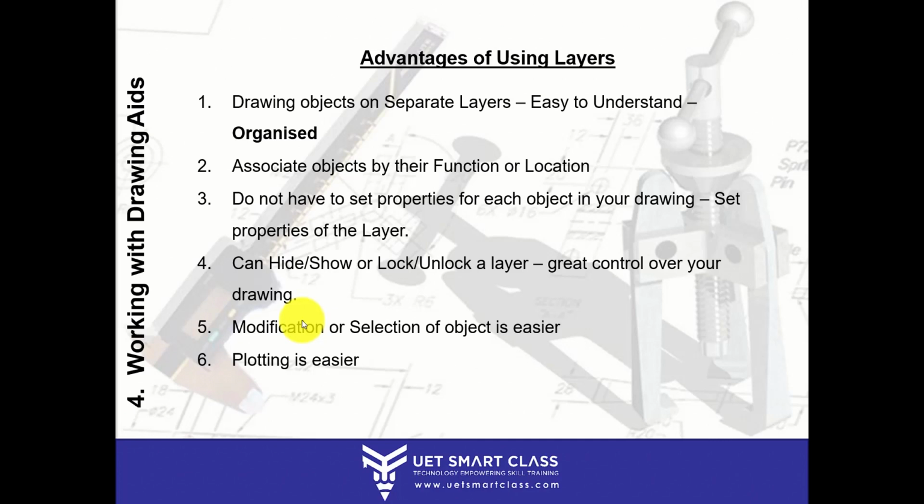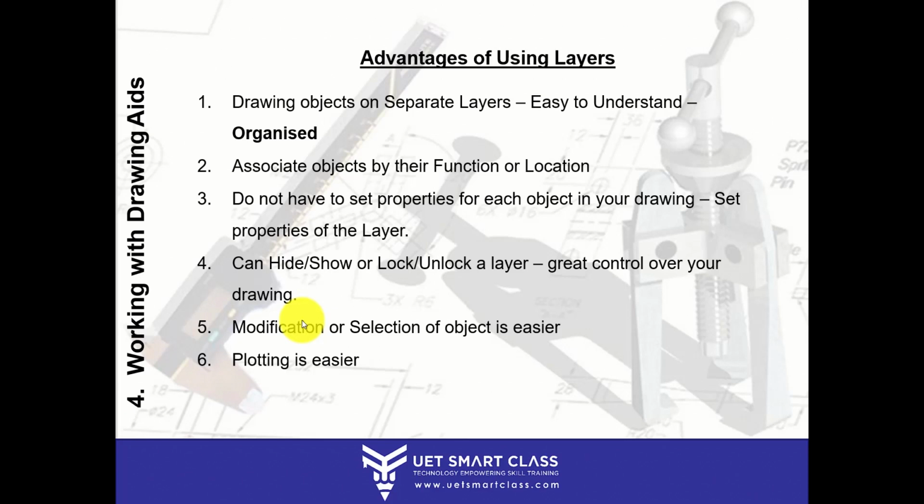Yes, you have an option if you don't want all the things to be plotted. Like if you want to make a PDF or take a print, and you want just a few objects to be plotted, there is an option. You can control that through layers. If you want to publish a drawing and save it and send it to someone, you don't want all the features to go. Yes, you can do that.